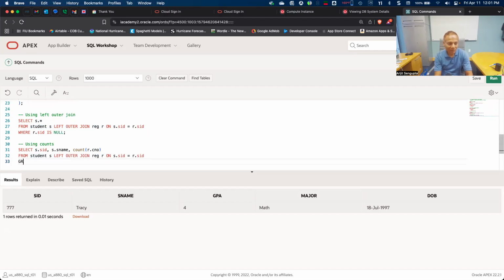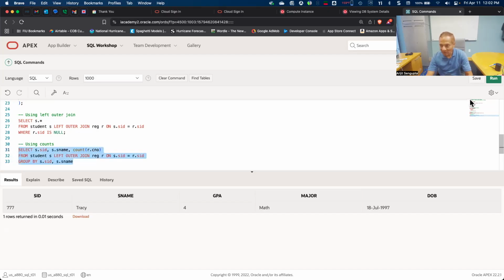This time I'm going to group by. Now if I run this query, I'm doing a left outer join between student and registered. I'm selecting the student's ID and name, and I'm counting the course numbers for each student ID.